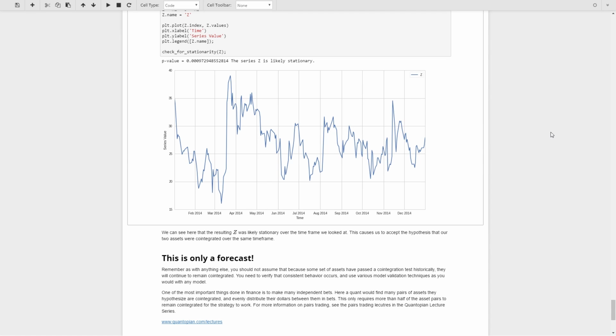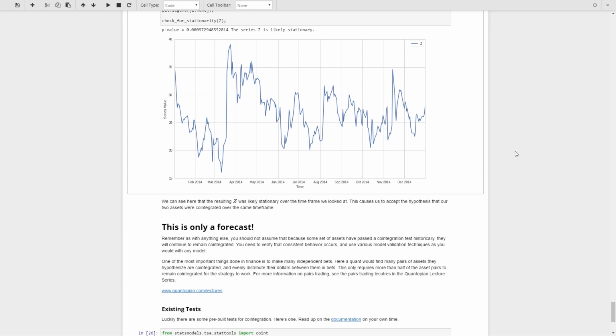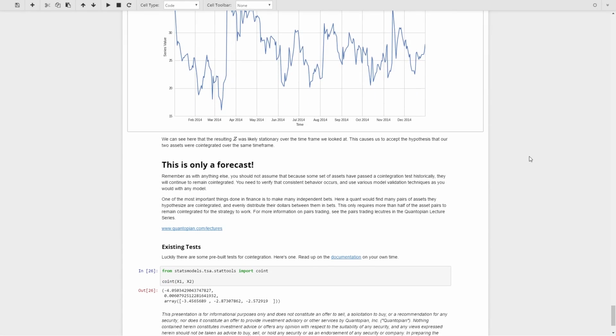So we can bet on this spread between stocks based on the linear combination and use that to inform our stock purchases. Now, in the real world, we don't necessarily have to deal with this whole process of constructing a linear regression, making a linear combination, and testing to see if that's stationary. We do have built-in tests of co-integration, and they basically amount to that.